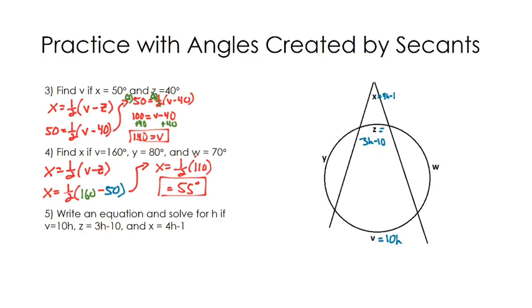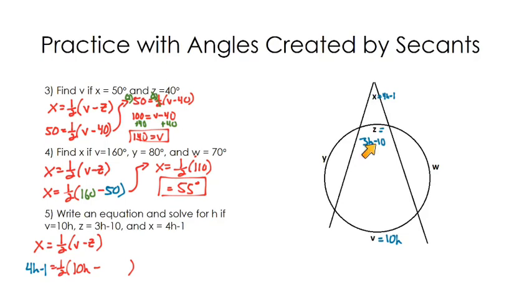Okay? Now, same formula. We know that x is going to be equal to 1/2 times v minus z, but now each of those values is expressed as an expression. So I'm just going to fill in what we know. We're given that x is 4h minus 1, and then we still have our 1/2, and we know that v is 10h, so I'm going to substitute 10h in for v right there.